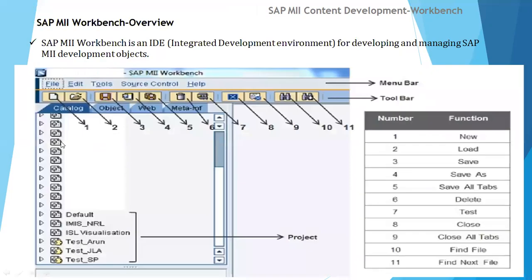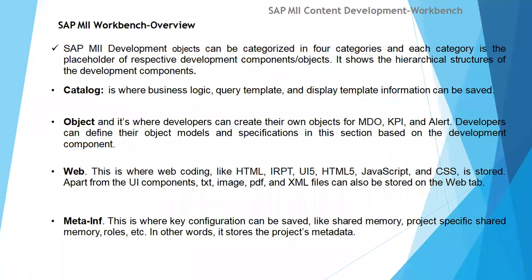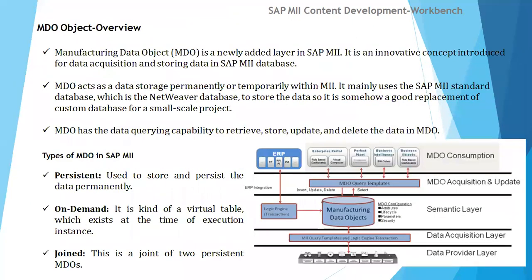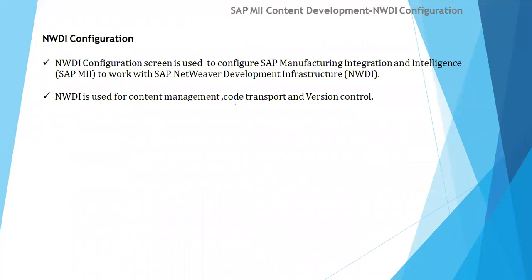You will be able to see the source control tab only when you have configured your NWDI with your SAP MII system. Then you can transport your code using this NWDI and NWDS. You just need to configure it by providing the NWDI track and credentials, username and password, to connect it.